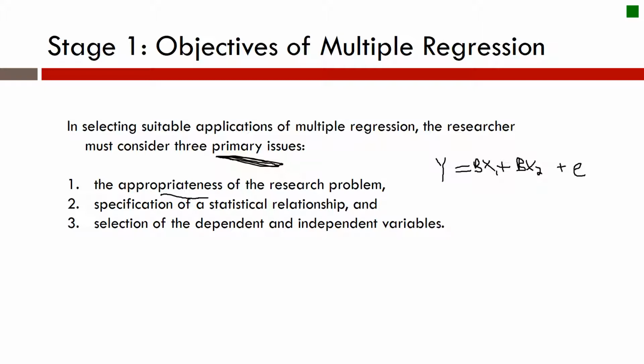Is there statistical significance in the relationship between x1, x2, and y? Does it make sense that x1 and x2 actually cause y, theoretically and just on the surface?